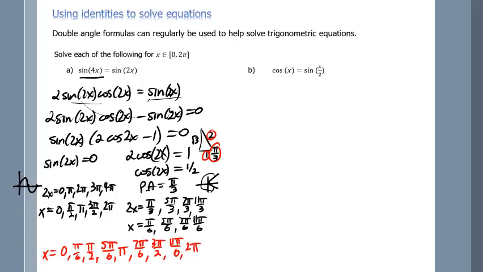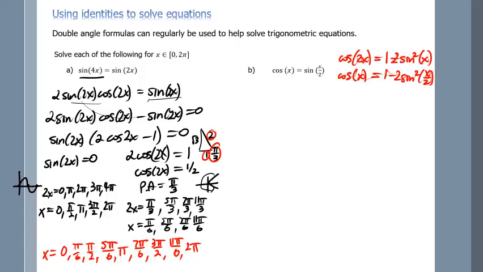Over here, we've got sine x on 2, we've got cos of x. We know that cos of 2x is equal to 1 minus 2 sine squared x. Oops, I forgot the 2. So we can say cos of x is 1 minus 2 sine squared x on 2.